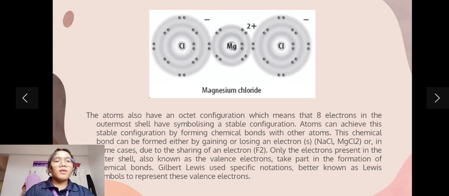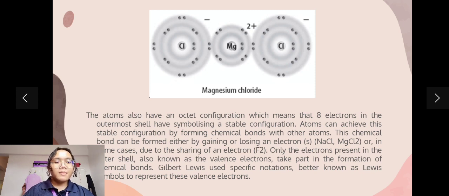The atoms also have an octet configuration, which means that 8 electrons in the outermost shell symbolize a stable configuration. Atoms can achieve this stable configuration by forming chemical bonds with other atoms.